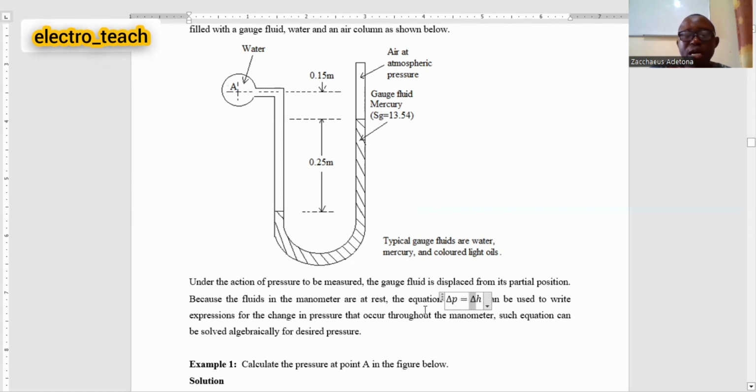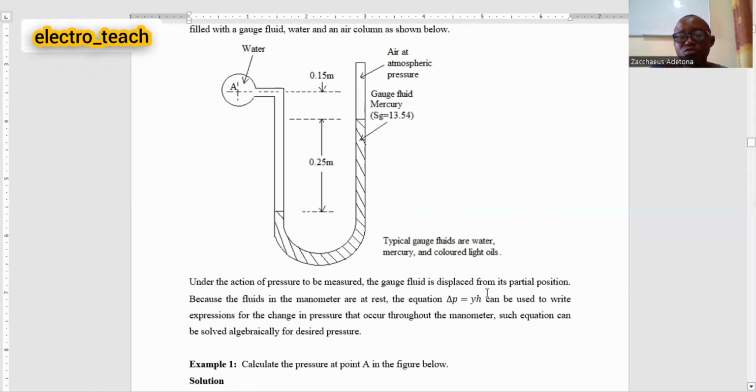This is supposed to be gamma H, not delta H. So this is what is going to be used.